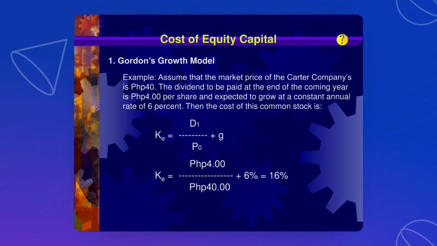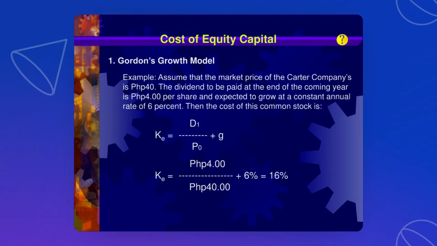Again, KE is equal to D1 divided by P0 plus G. So again, what is your D1? Please take note of the dividend. It should be the dividend for the coming year, or the dividend to be received in 1 year, not the dividend in the past. So it is 4 pesos. Just divide it by 40. Again, when you say 40 here, it is the market value minus net proceeds.